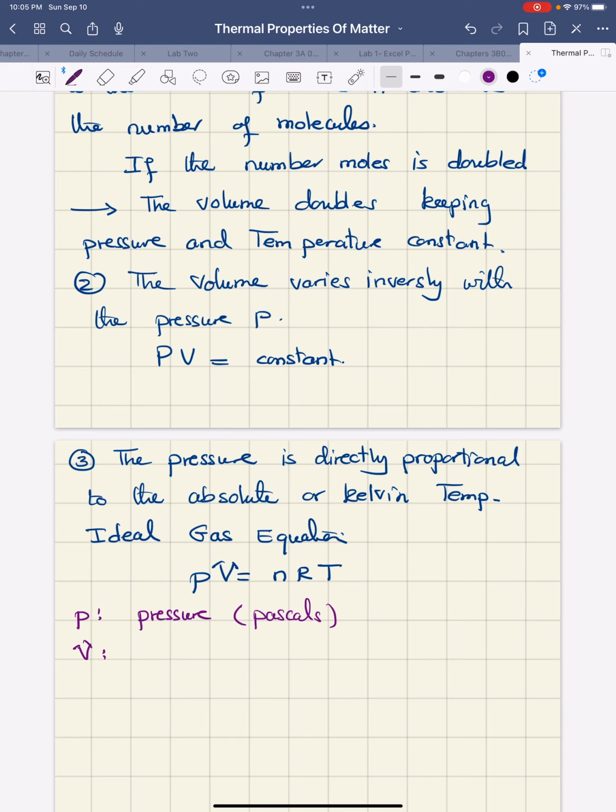V is volume, here in cubic meters. n is the number of moles, and T should be temperature in kelvins.